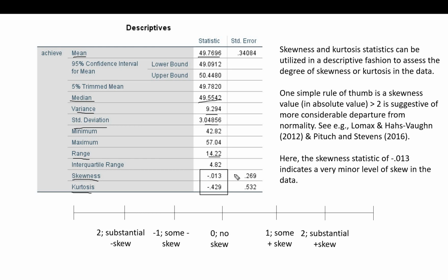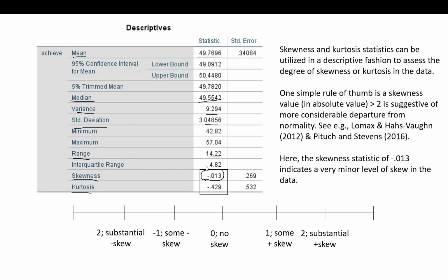One simple rule is that a skewness value with an absolute value greater than 2 is suggestive of more considerable departure from normality. You can see right here that this value is negative 0.013. So that's clearly not meeting the threshold for what might be considered more substantial amounts of skew in the data.